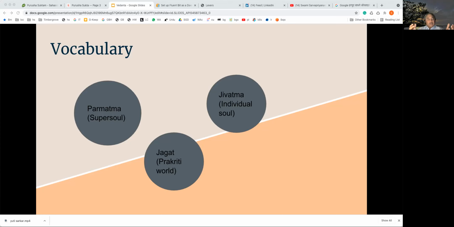Jagat, which is the world, the Prakriti, the world in which we live. And Jivatma is these individual people, you and me, that are in the world. This is just a high level definition.